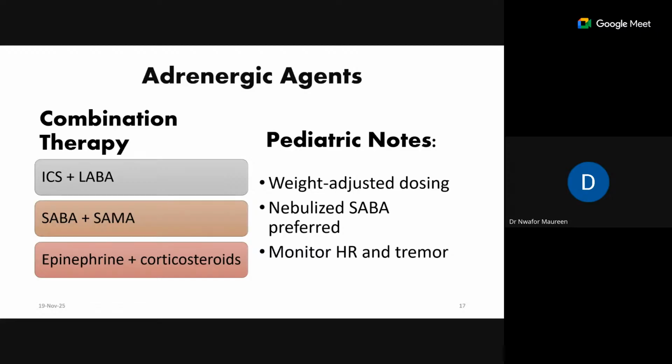Once you're taking care of pediatric patients, you must adjust the dose based on their weight. A nebulized short-acting beta-adrenergic agent is preferred for pediatrics, and we continue to monitor their heart rates and tremor. Very important: don't just administer your adrenergic agents, do your airway technique maneuver and just go. You have to monitor your patients, especially heart rate and tremor, mostly in pediatric cases.